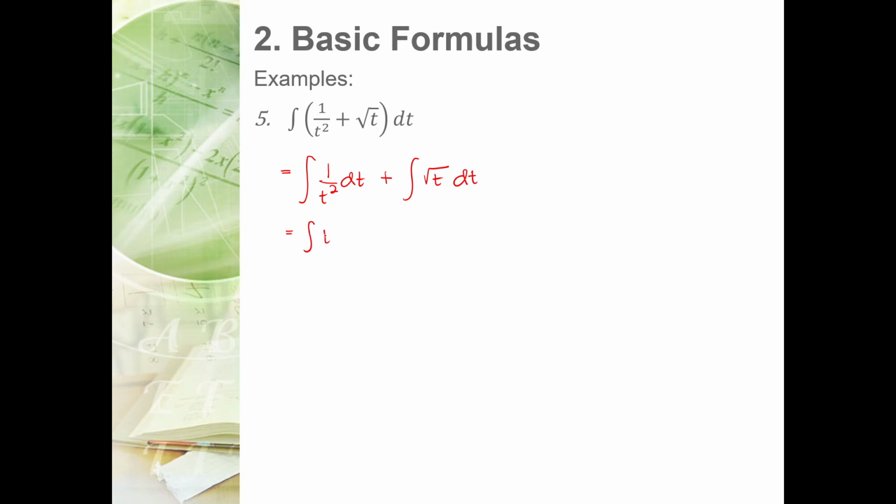So t to the power of negative 2, which is still equivalent to 1 over t squared, dt. And this is what I meant earlier, that if you have radical expressions, like square roots or roots of terms, we have to express them in exponential form also. So t to the power of 1/2 dt.